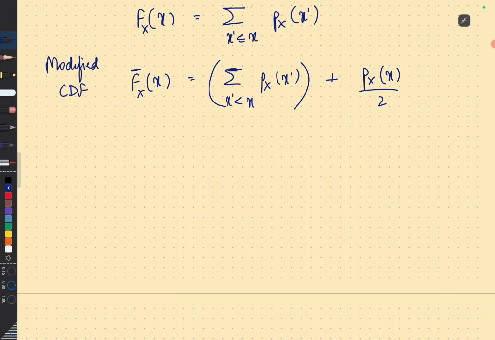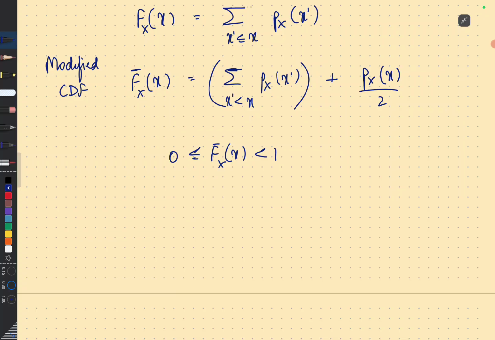Now for this, let's suppose that this quantity f bar of x is going to be some number between 0 but strictly less than 1. We're assuming that all symbols have strictly positive probability.